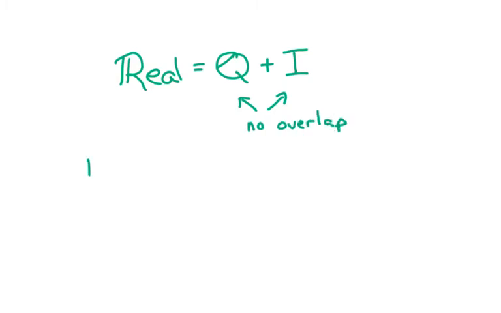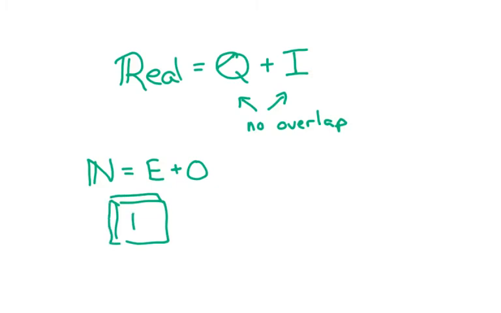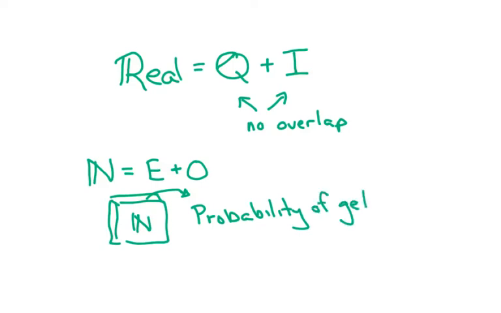Now, if you look at the natural numbers, you could divide them up into the even plus odd. If you had a box of natural numbers and you pick one at random, the probability of getting an even number is what?